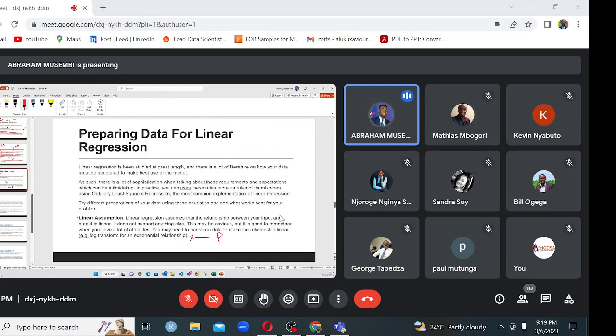Now, preparing data for linear regression. How do we prepare data for linear regression? Linear regression has been studied at great length, and there is a lot of literature on how data must be structured to get the best model.